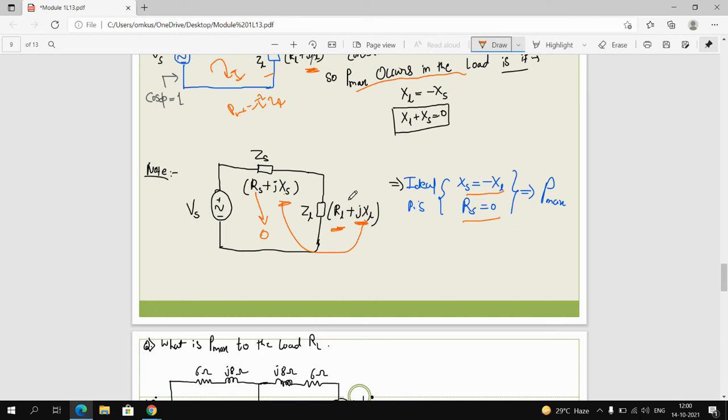Then power is maximum and your loss is minimum, and all power is utilized by this load. So this is the ideal case.